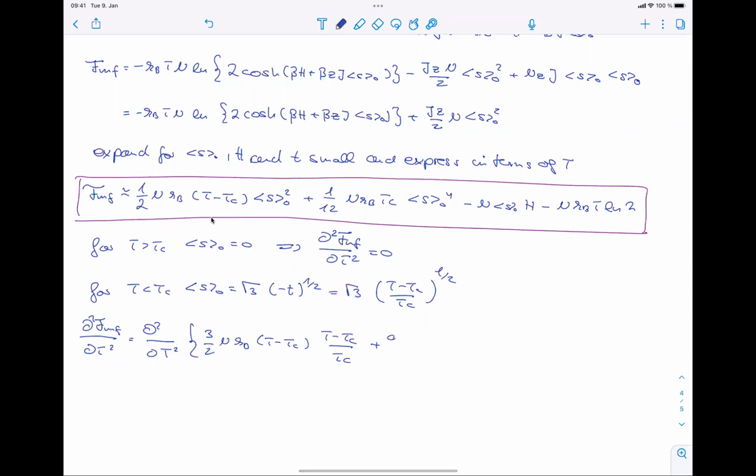We get 9 over 12 N KB. There's a TC missing, and then we have T minus TC over TC squared. And then the field term with N, square root of T minus TC over TC, times H.